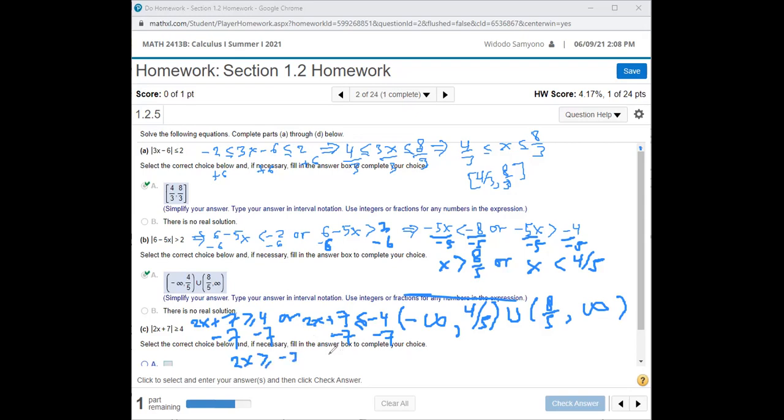Okay. Good. And then the next one would be 2x is less than or equal to -11. Yeah. Okay. So from here, you divide by 2.